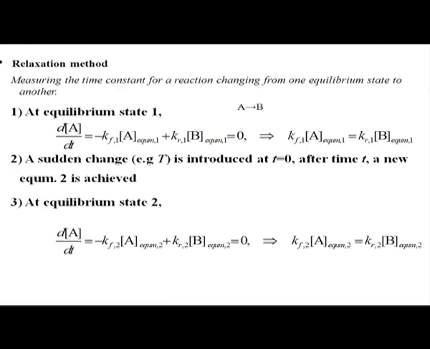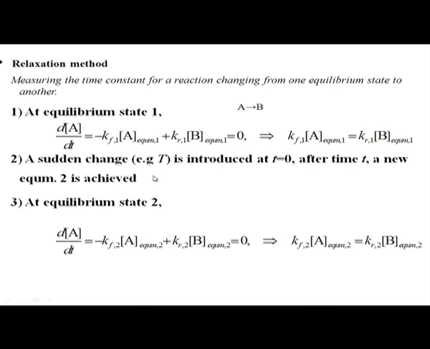Mathematically, we want to find the time constant of a reaction changing from one equilibrium state to another. So, take an A to B equilibrium. At equilibrium state 1 you can write the rate of change of concentration with time like this, and correspondingly you can write this.